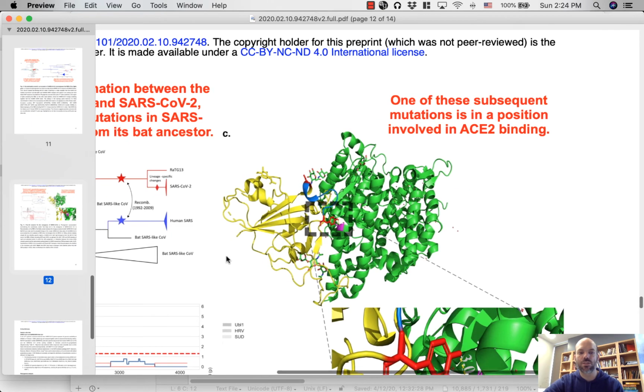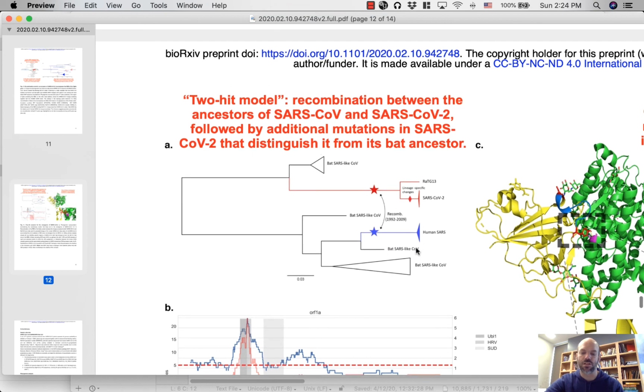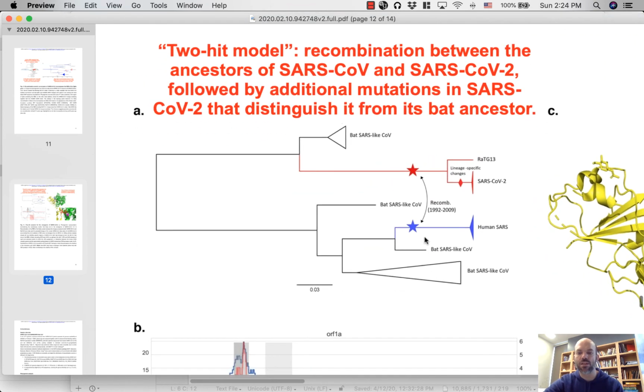And then they go into a little bit more detail about how exactly they think this would have happened with this tree, which looks a lot like the previous tree, but now they're using this tree to formally propose what they think happened. So what they think happened is that there was a recombination event between 1992 and 2009 between an ancestor of the first human SARS virus and the ancestor of the current SARS virus, which almost certainly happened in bats.